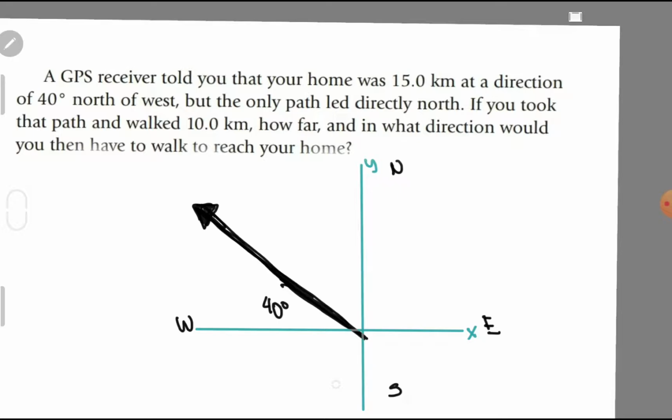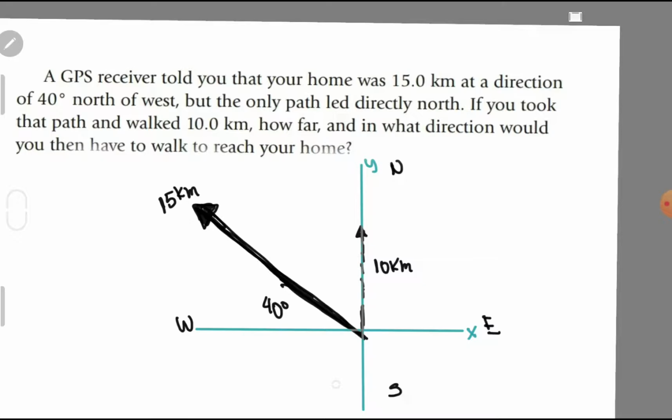And then we have our 10 kilometers north. So you will go up north for 10 kilometers. And the magnitude of this vector is 15 kilometers.